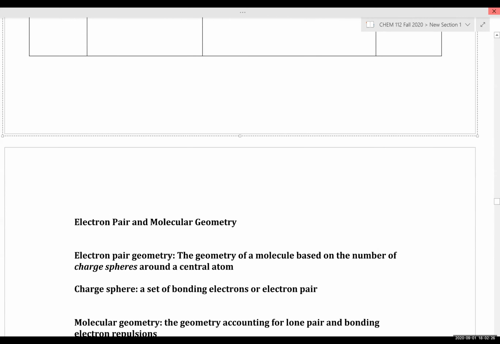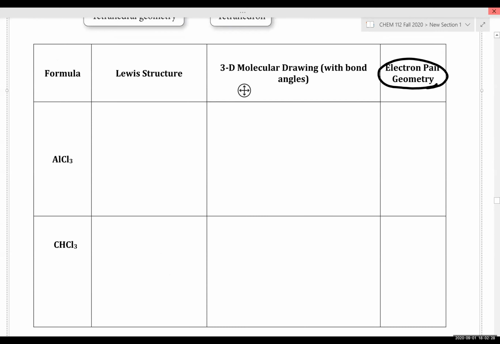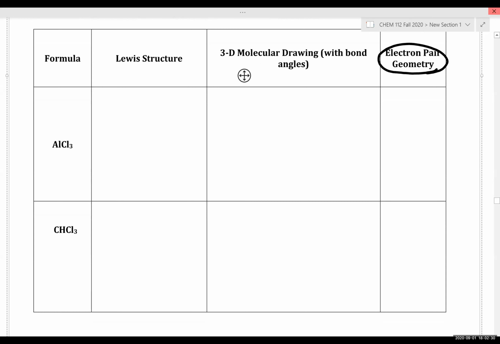I'll do the first one and you'll do the second one just as a refresher. And then we'll look and see what happens when we start to change the number of lone pairs associated with these structures. So let's start by just making sure we still know our electron pair configurations.